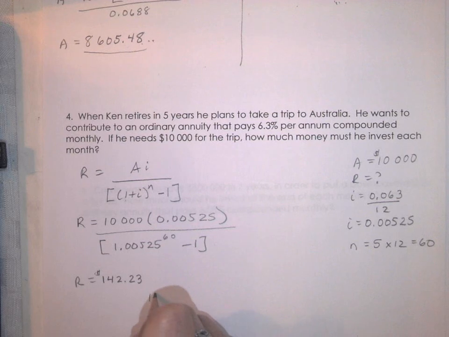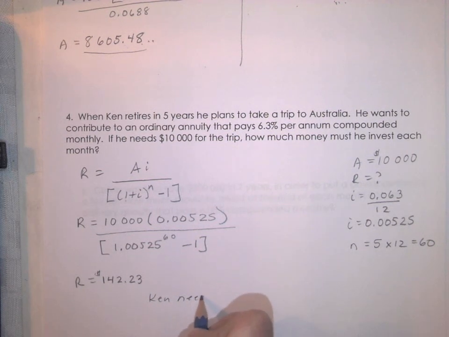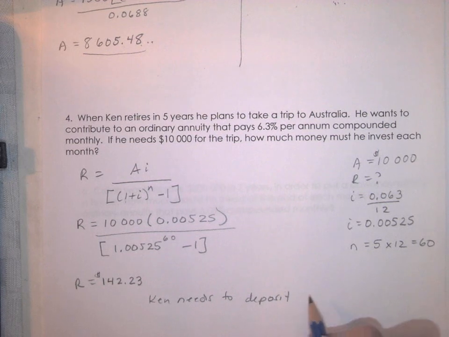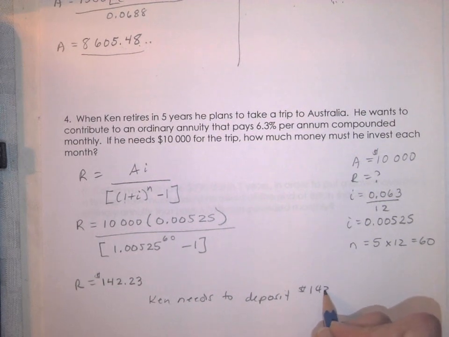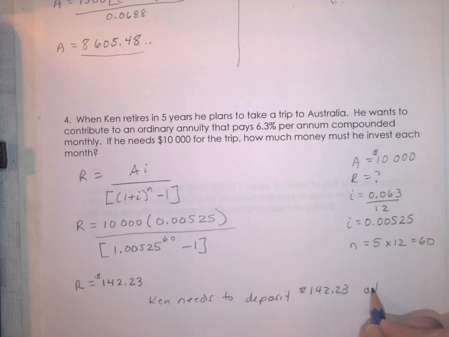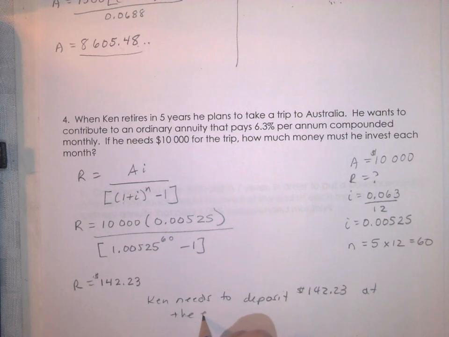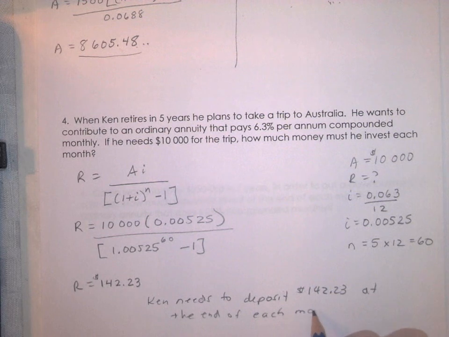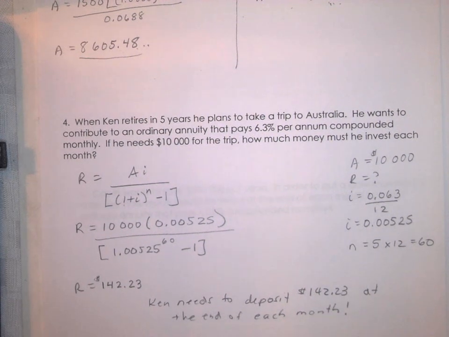So that means Ken needs to deposit $142.23 at the end of each month. And if he does that, he'll have the $10,000 he needs.